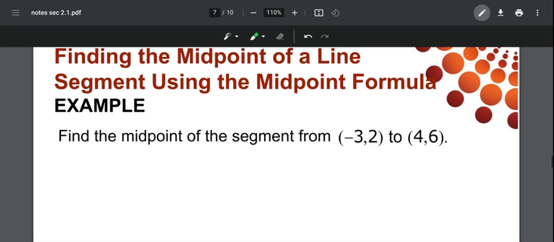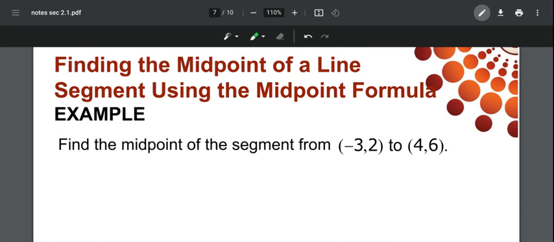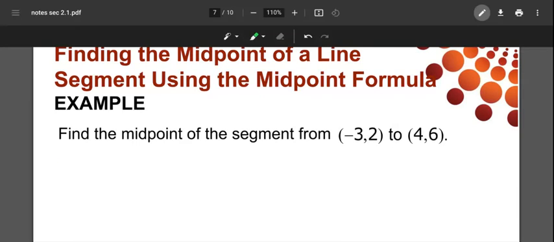Let's do one example. Find the midpoint of a line segment using the midpoint formula. Okay, so here we have two given points. I'm going to label them. Negative 3, 2, that will be x1 and y1 from the midpoint formula. 4, 6, that's the second point, so I'm going to label it x2, y2.